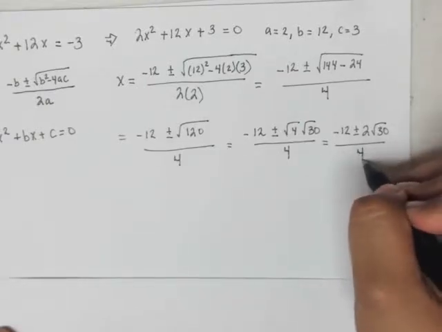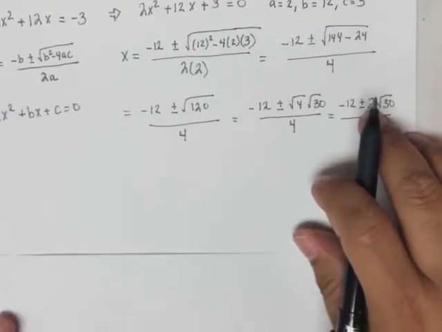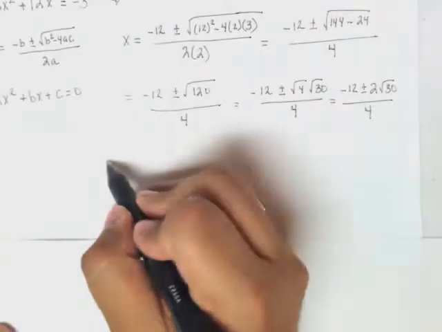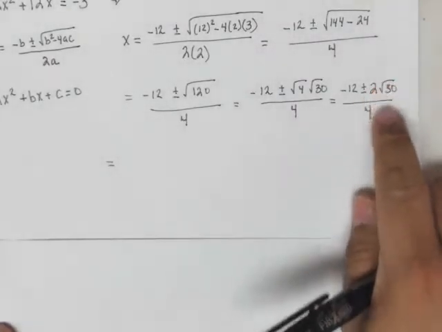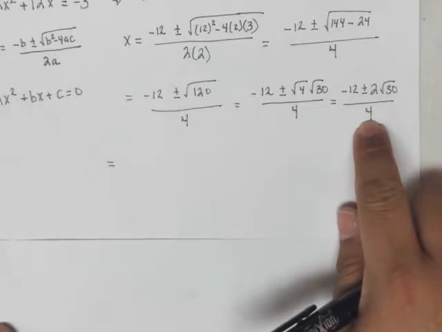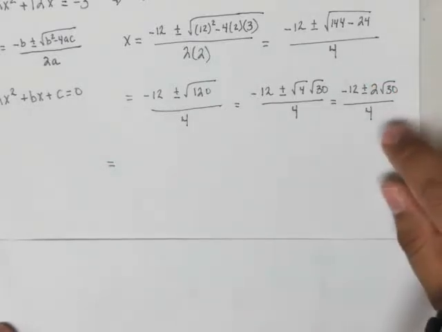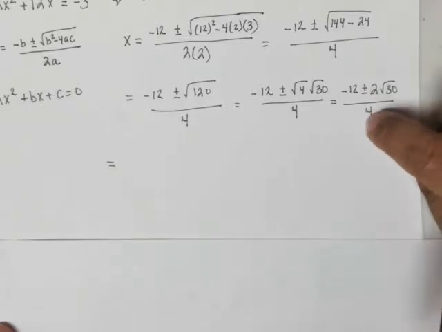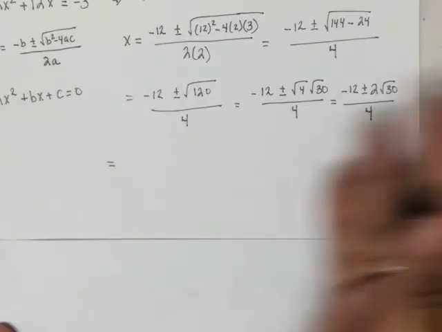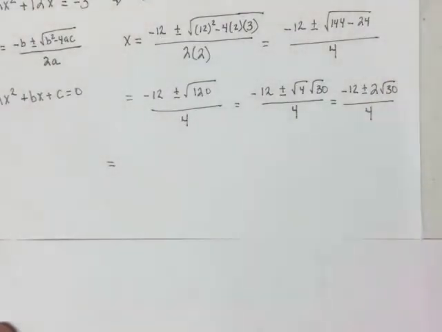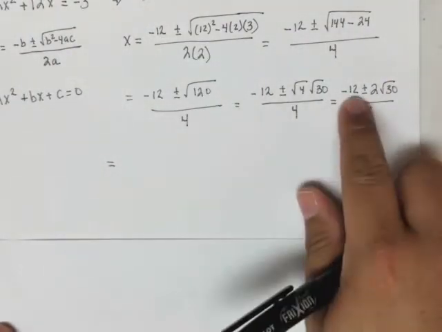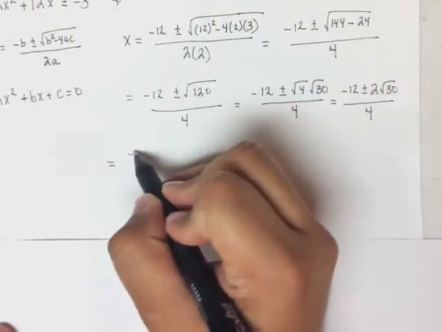Now, to further clean this up, all we have to do is reduce this by this 4 factor. So we can say, well, what is negative 12 over 4, 2 out of 4? What can we factor out from there? Well, we can divide out 2 from everything. So if I divide this by 2, I get negative 6.